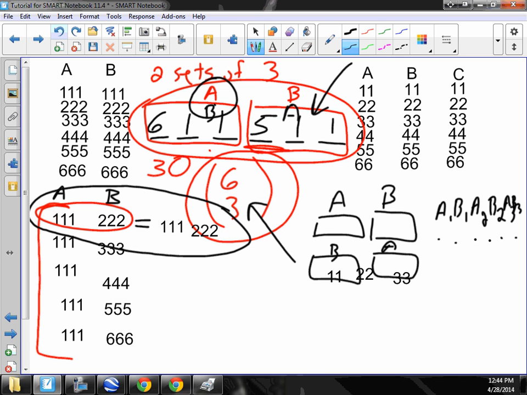So that's a combination because the order of the group doesn't matter. But this is a combination because the order of A and B does not matter. But I counted it as though it was a permutation, which means I need to divide off the number of choices, the number of combinations of A and B. Okay, and that's not going to make a lot of sense right now, but hopefully it will.